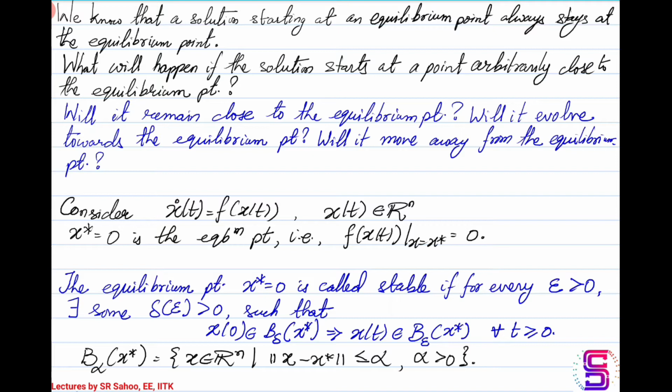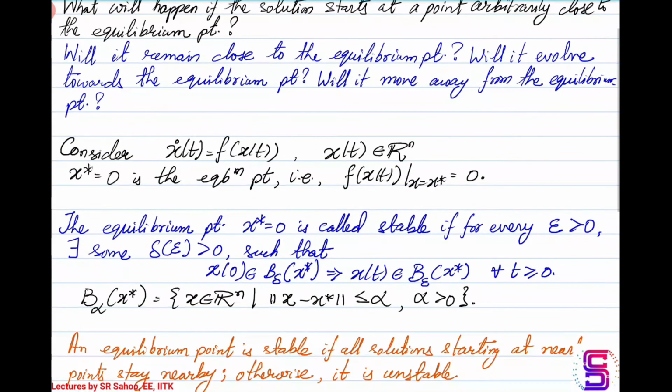Okay, so consider an autonomous system of this form, and let the origin of Rn be the equilibrium point for this system. When the origin is the equilibrium point, then f of 0 is essentially going to be 0 by definition of the equilibrium point.